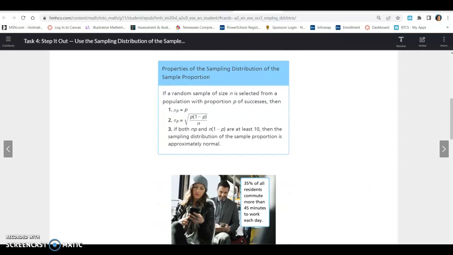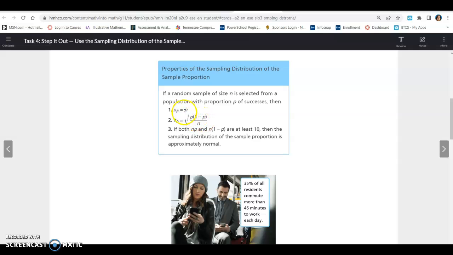All right, properties of the sampling distribution of the sample proportion. If a random sample of size n is selected from a population with proportion p of successes, then the mean of p-hat equals p, and the standard deviation of p-hat equals the square root of p times 1 minus p.